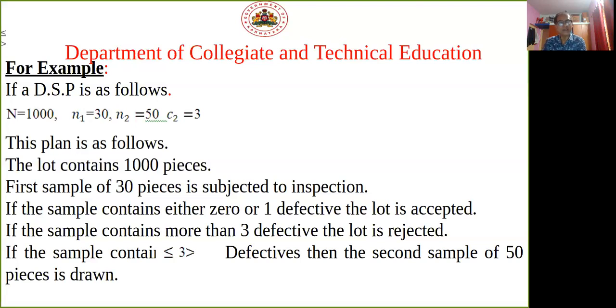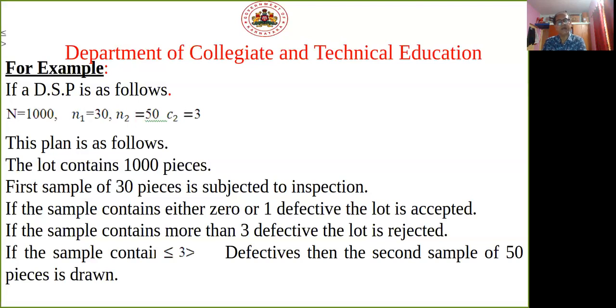Next, it says that n2 is 50 and c2 is 3. If the sample contains more than 3 defectives, the lot will be rejected. If the sample contains less than or equal to 3 defectives, then the second sample of 50 pieces will be taken. So first we randomly select 30 articles from the lot of 1000 items. Here c1 is equal to 1.